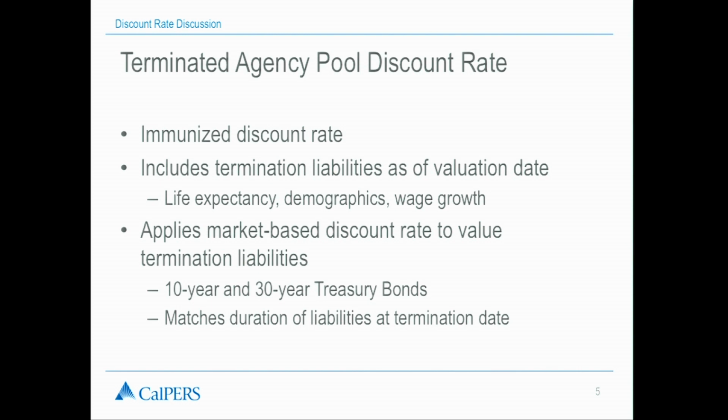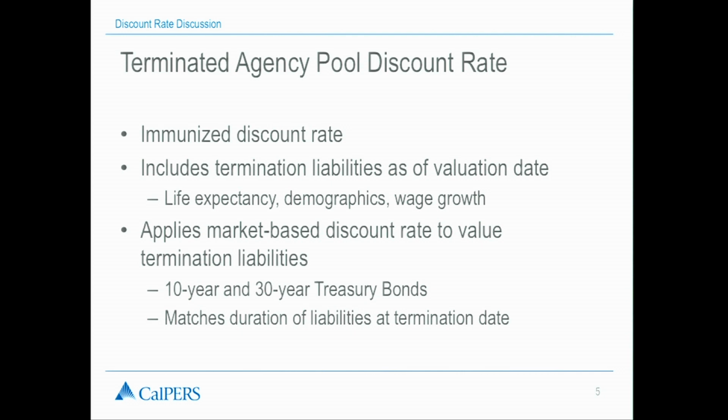For determining an agency pool, there are several things going on that give us a different rate. First of all, we use an immunized rate because the goal of the terminated agency pool is to protect the assets of the plan members. So we reduce all risk for those members. Also, you need to consider that at this point, there are no future payments coming in from the employer.